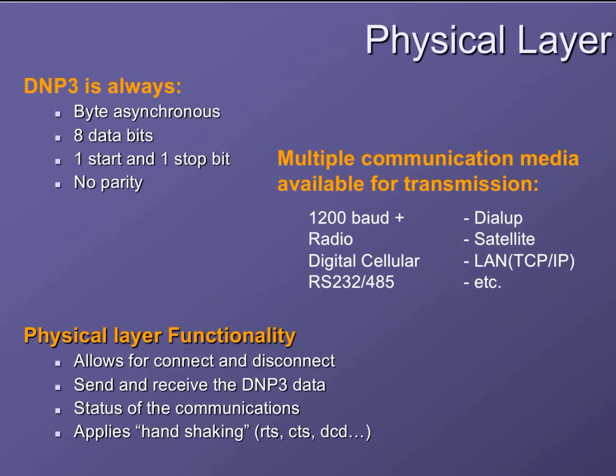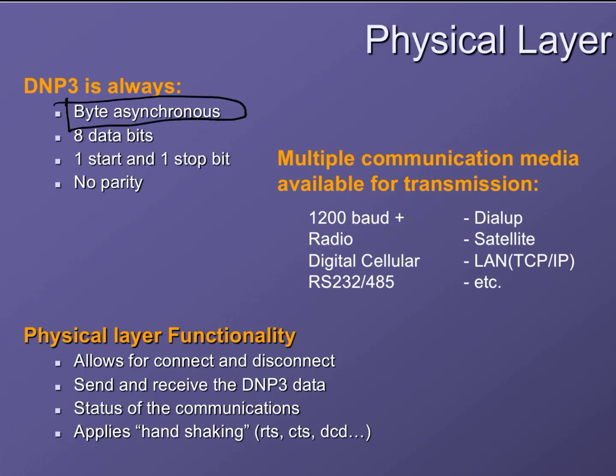So when we're looking at the physical layer, we know all protocols are going to share a physical layer to connect the ones and zeros between the two devices, whether it be a point-to-point or a multi-point network. When it comes to DNP, it's always an asynchronous connection.